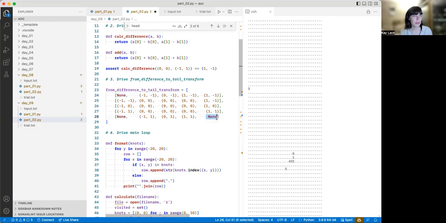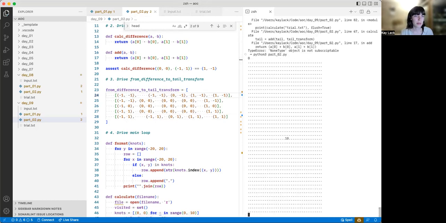And this should go across 1, down 1, and this one should go -1, +1, and this one should go -1, -1.